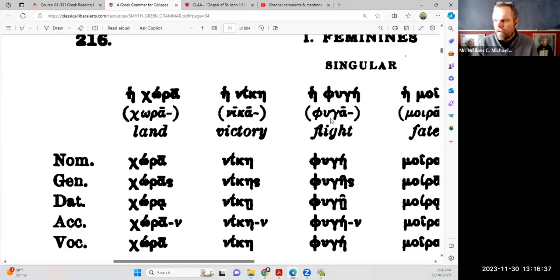I'll show you in the reading in a few minutes how to recognize one of these nouns. They're going to have the same or similar endings, so we're going to look at that together.